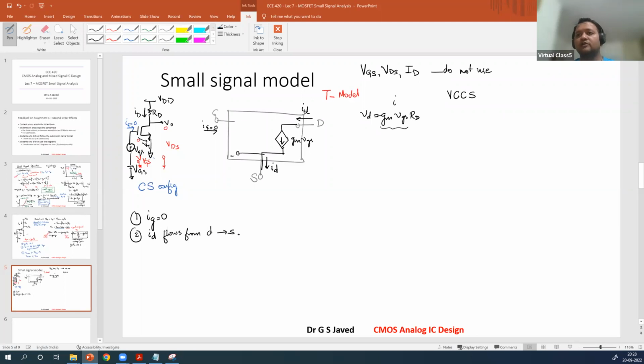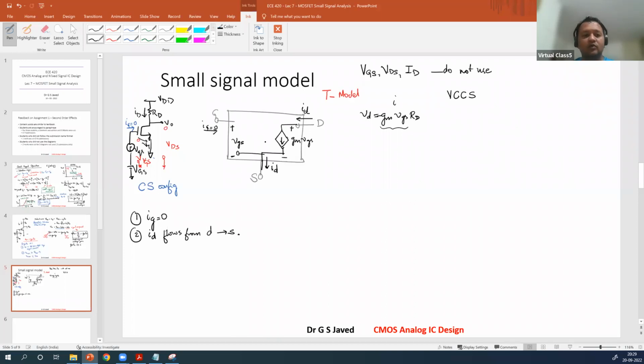So this is the common point, the common negative point for both. This will be the common positive point for both. Now what is this value? This value is the voltage, the potential difference vgs applied between the gate and the source. So whatever potential is applied at vgs, multiplied by the transconductance, gives the drain current flowing to the drain.